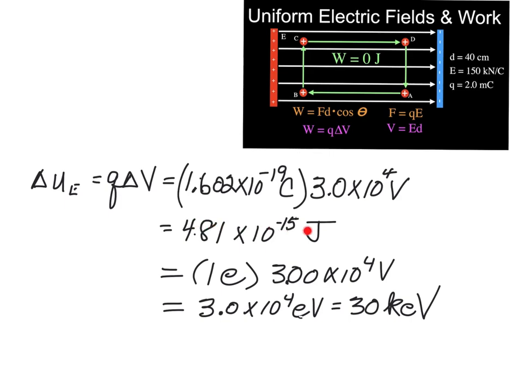So you see the energy of an electron moving through this field is a very small number if we use joules, but if we use electron volts, it's actually quite a large number. So the reason we introduced this unit is because it's widely used in atomic and nuclear physics and in chemistry, because chemical bonding energies can often be measured in electron volts.